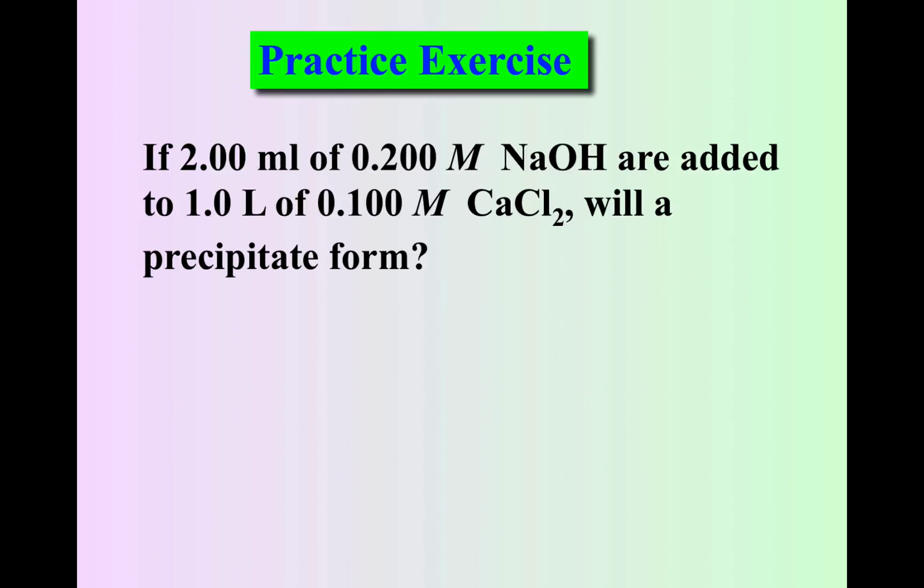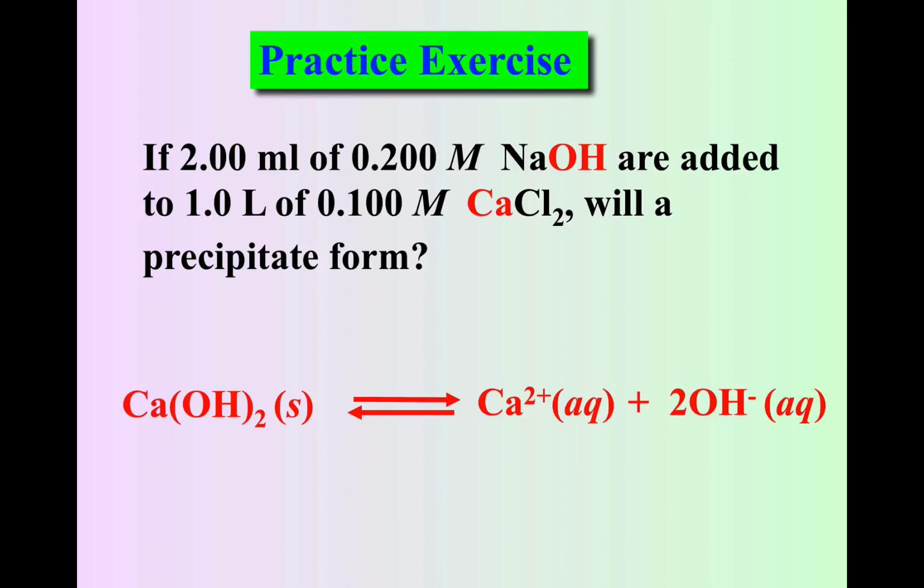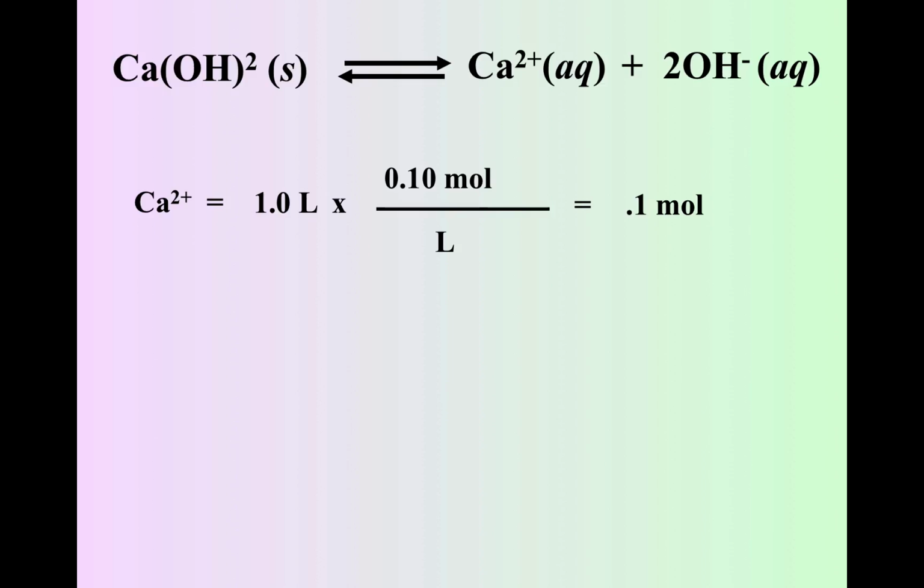So when 2 milliliters of 0.2 molar sodium hydroxide are added to 1 liter of 0.1 molar calcium chloride, will a precipitate form? The first thing is getting the concentrations of the things that are precipitating. If I put sodium hydroxide in with calcium chloride, it's the calcium hydroxide that's going to drop out. So get the concentration of the calcium ion in terms of moles per total liters.